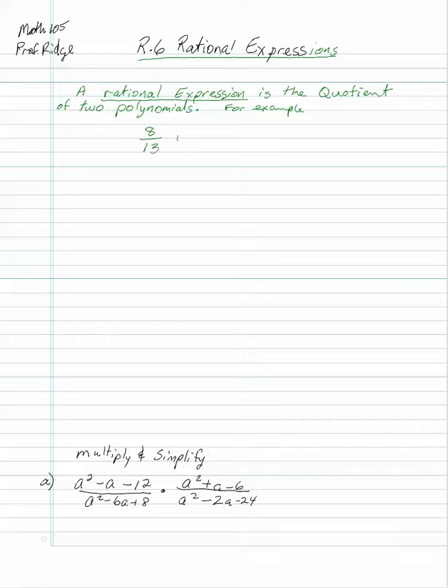It could be something like 5 over x squared plus 2x plus 7. Okay, so those are rational expressions. X cubed minus 8x plus 1 over x squared plus 5. Okay, so those are all rational expressions.